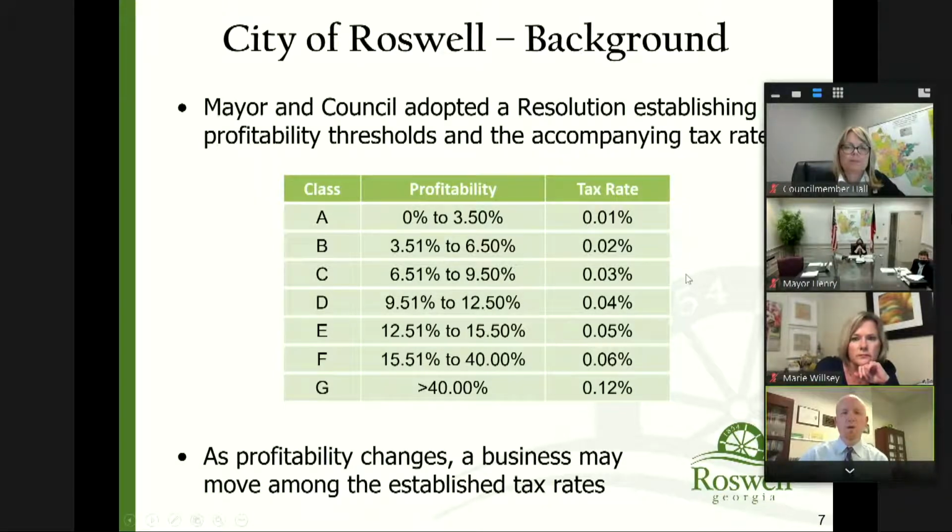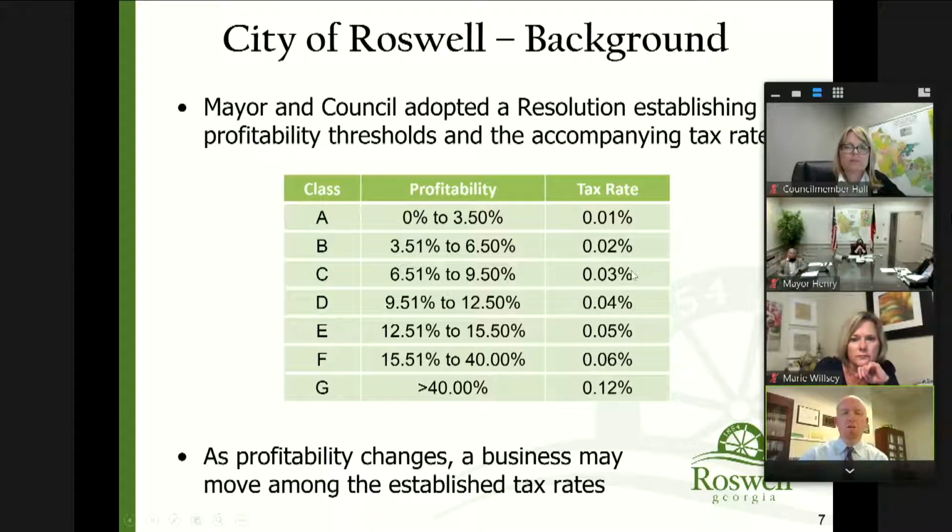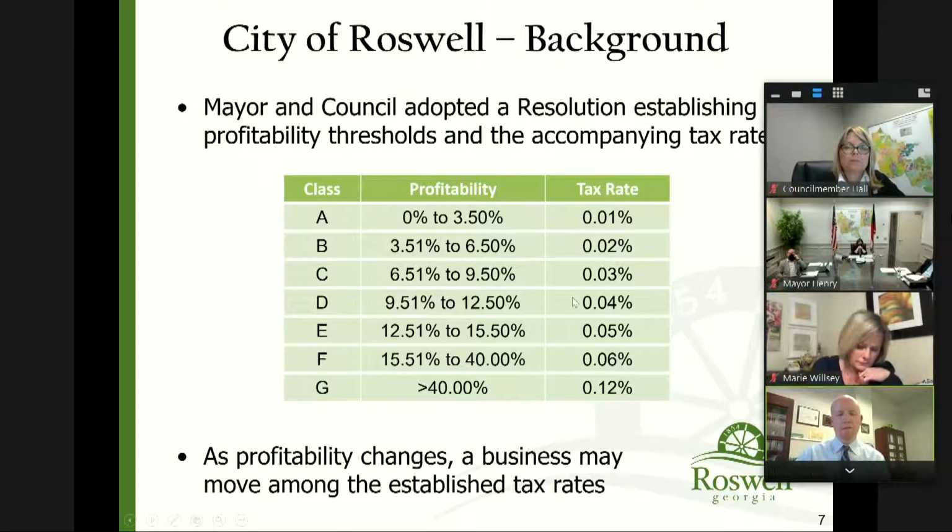There was no specifying really what NAICS code falls within each profitability. And so under this structure, as profitability changes, a business may move among those established tax rates. And that's how this particular methodology is set up.